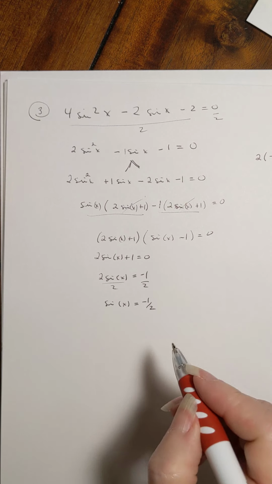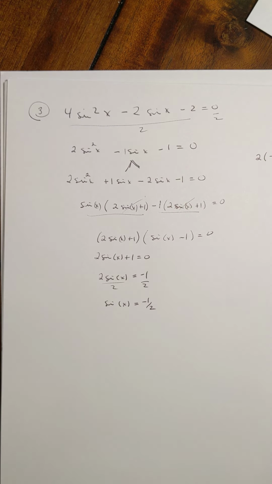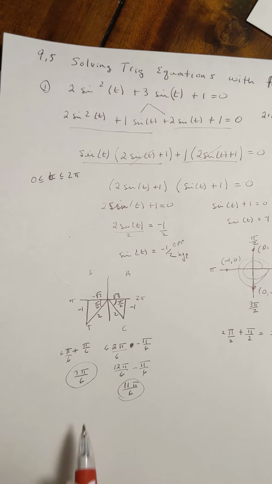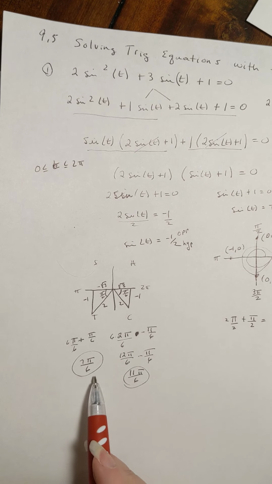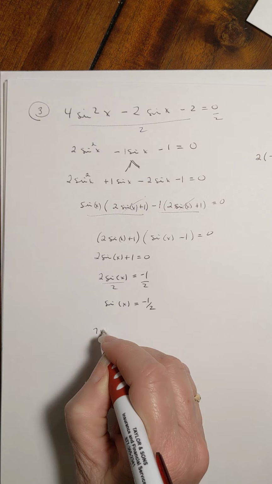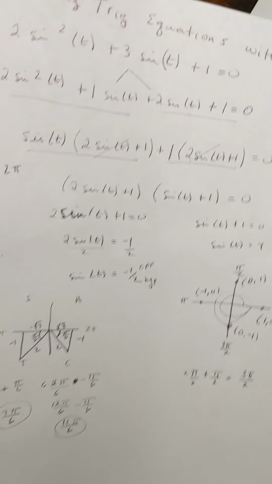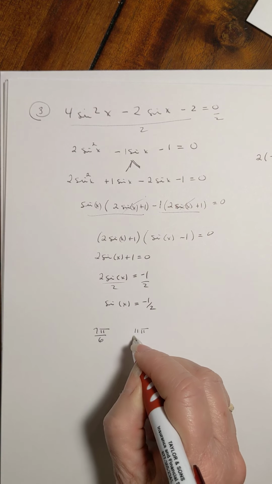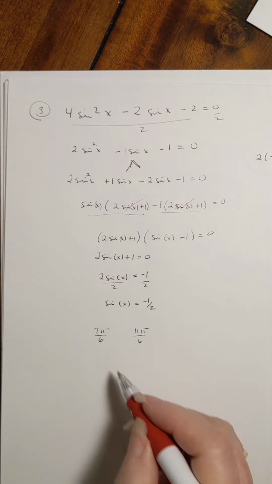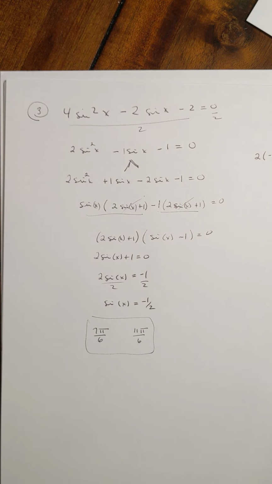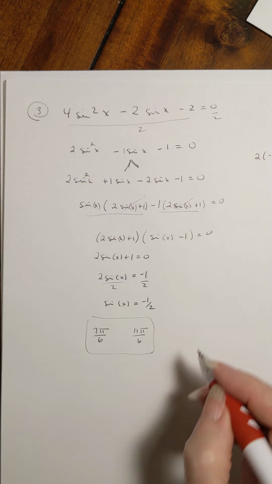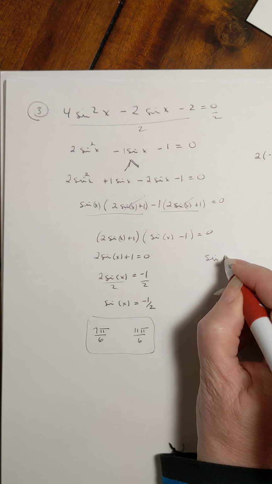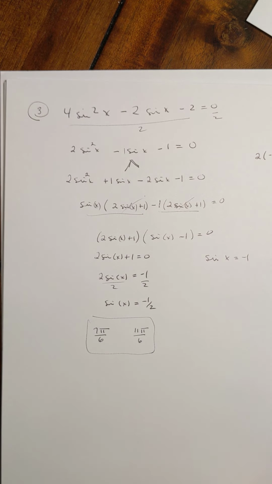All right? And this one we've already done on the first problem, and it came out to be 7 pi over 6 and 11 pi over 6. All right, so those were the 2 answers that we got from this one. And then here I have sine of x equals negative 1.